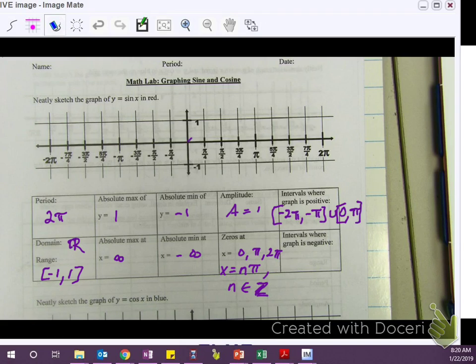All right, it's positive. Oops. It's positive when it's above 0. So it's positive here. And it's positive here. Right?